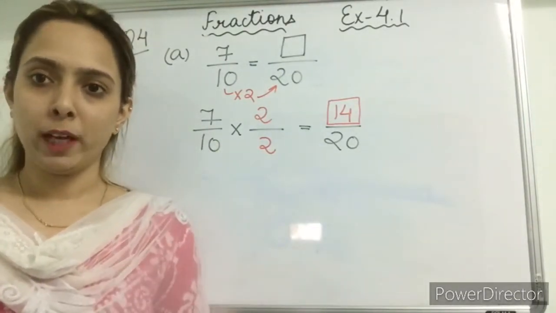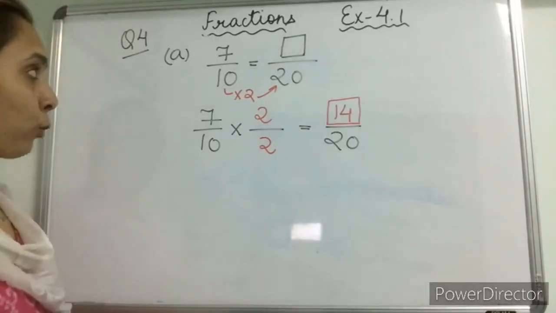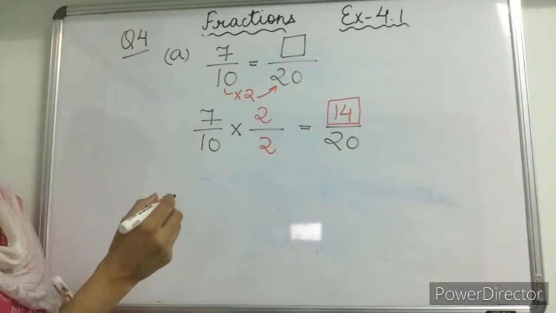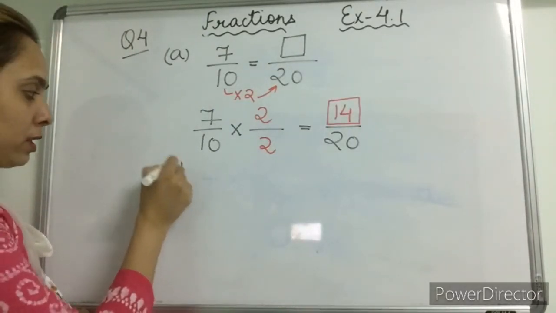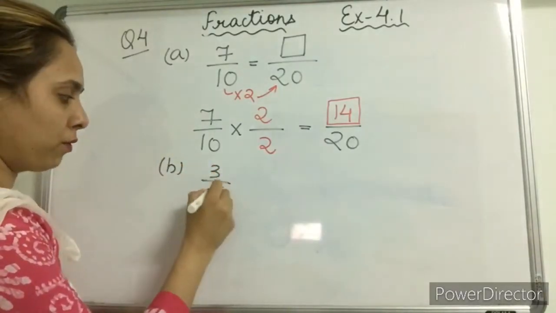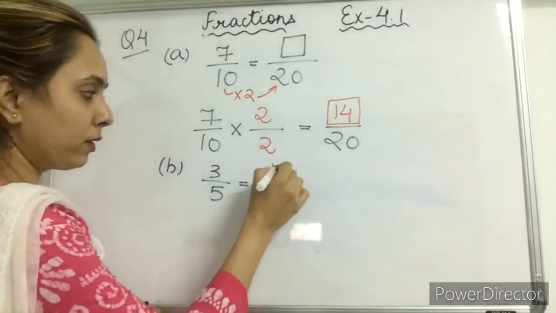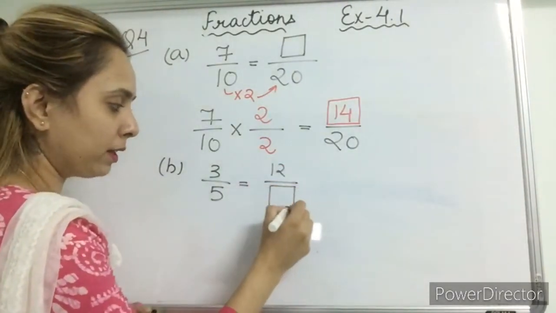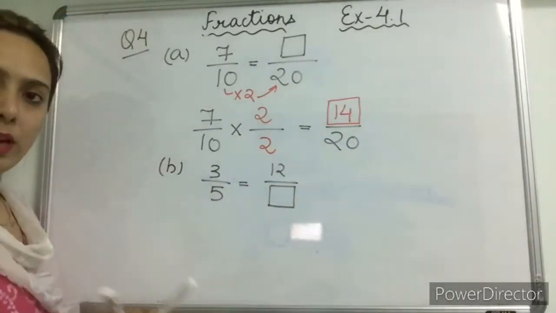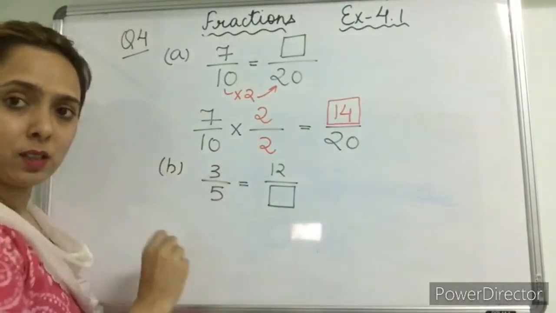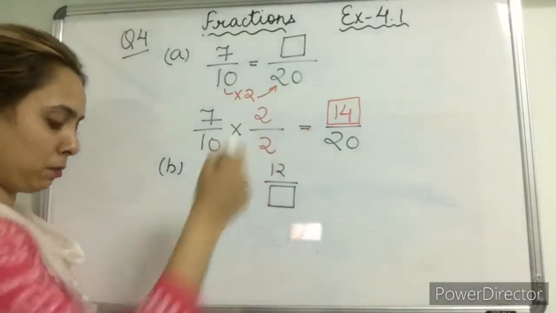So I would like to explain one more question. Question number B, which is 3 upon 5 equals, here numerator is given but denominator is not given. Same thing we are going to do with the help of numerators. We will find out this number.